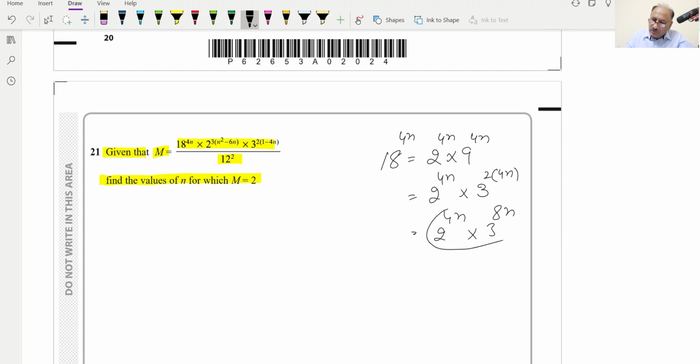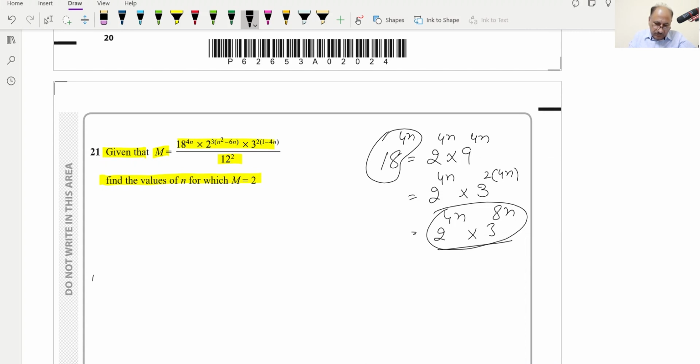So this is what I will write for 18 raised to the power 4n: 2 raised to the power 4n into 3 raised to the power 8n. I will write it over here.